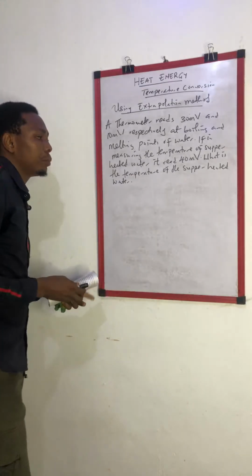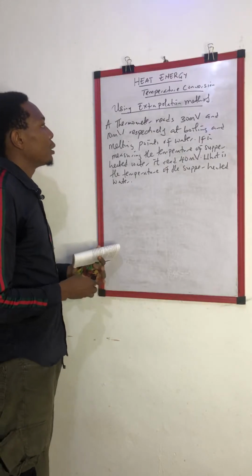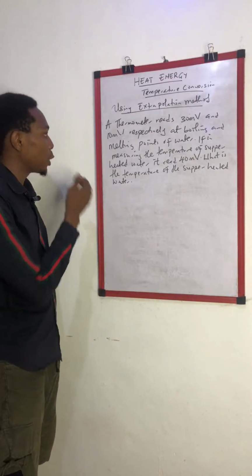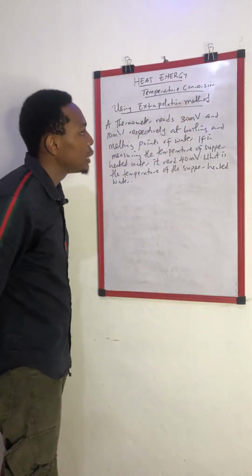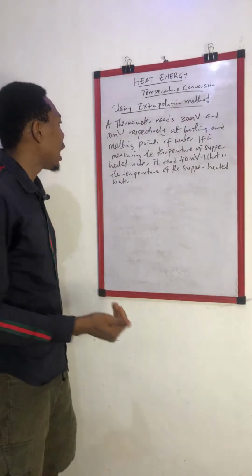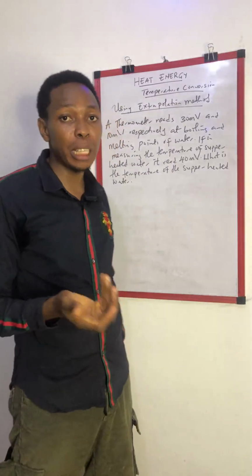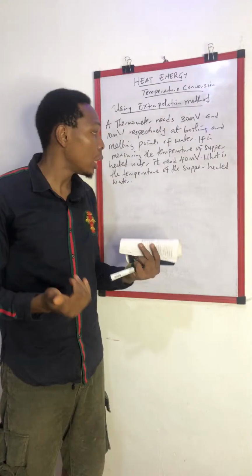All right. Now, please pay attention. So this time around, in this temperature conversion, we are told that a thermometer reads 30 millivolts and 10 millivolts. So this is under thermocouple thermometer. Now, you are still using what? Extrapolation method.